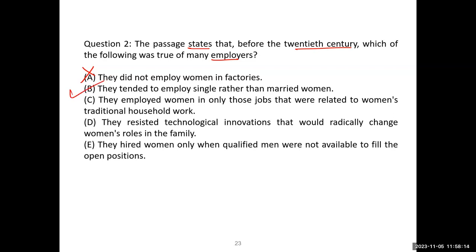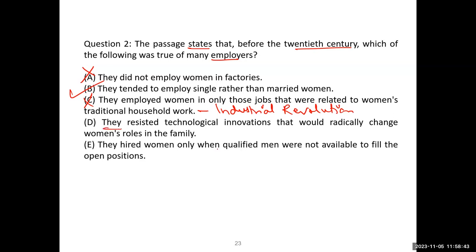Number C, they employed women in only those jobs that were related to women's traditional household work. That's not true. Number C is what happened during the Industrial Revolution. It is true that this happened, but during the Industrial Revolution, not before the 20th century. You can't say that. So number C is also not right.